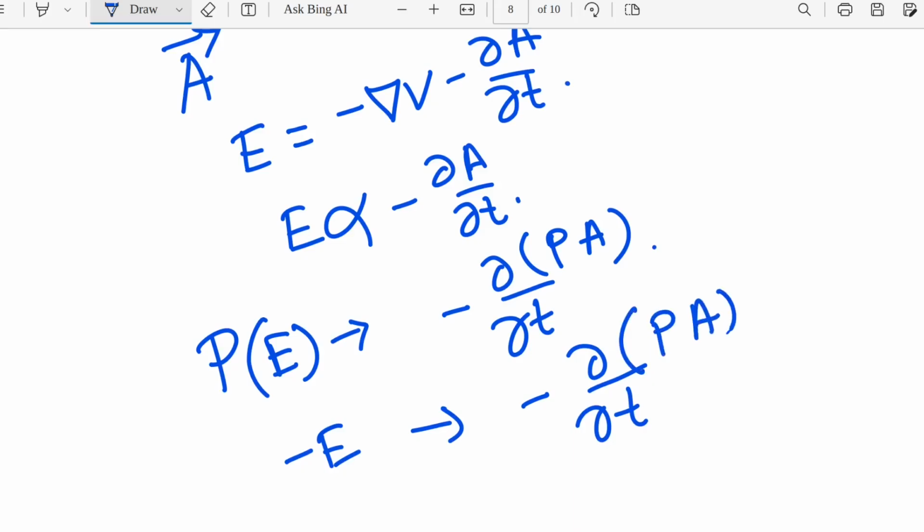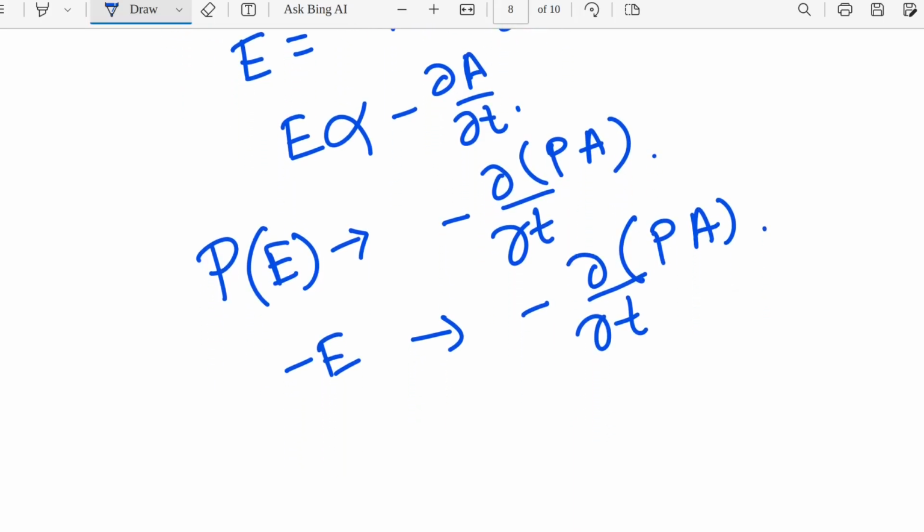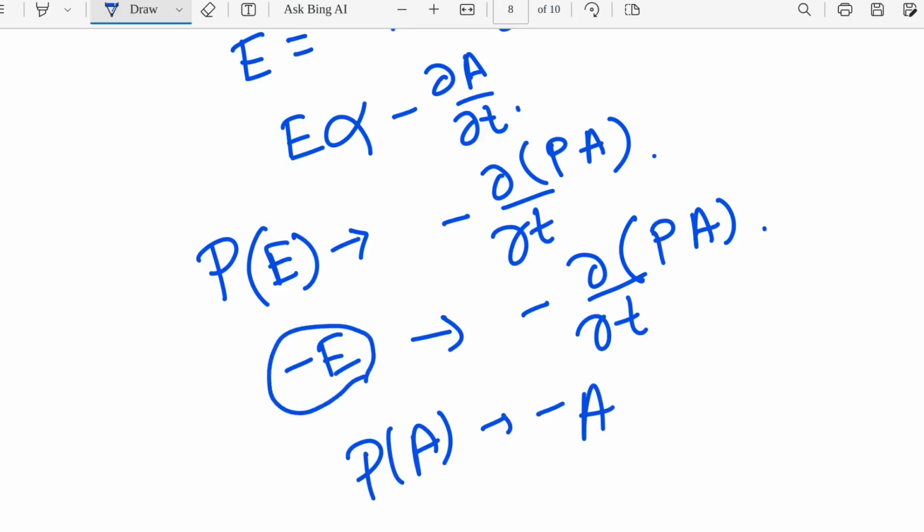So we need to know the value of P of A. P of A should be minus A, so that we get the minus E expression given on the left hand side.